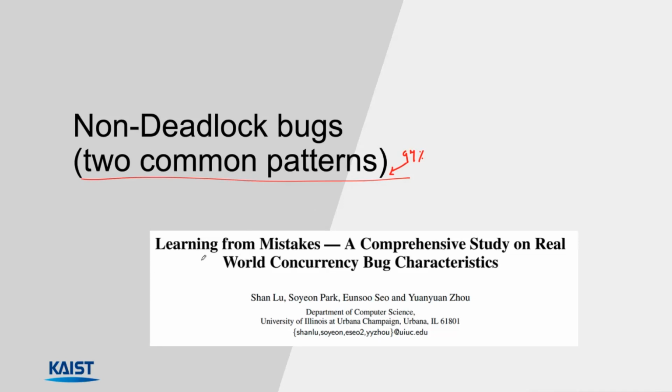I'm just going to briefly go over these two patterns, but if you really want to understand the details, I recommend reading this great paper. It is a paper on concurrency programming, where you can analyze many bug patterns in real-world applications. So this paper points out these two common patterns.